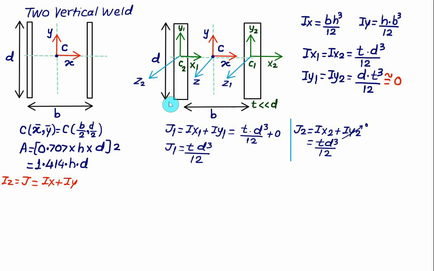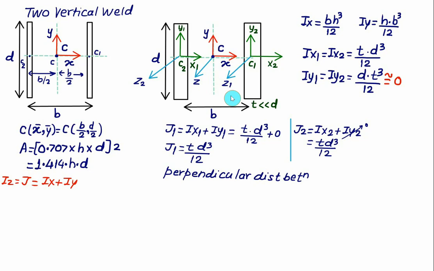But we are interested in the polar moment of inertia about the Z axis, and for this we require the perpendicular distance between Z and Z1. The perpendicular distance between Z and Z2 axis is the distance between C and C2, and this distance is B by 2. Whereas the distance between the centroid C1, that is Z1, and Z is the distance between C and C1, again B by 2.